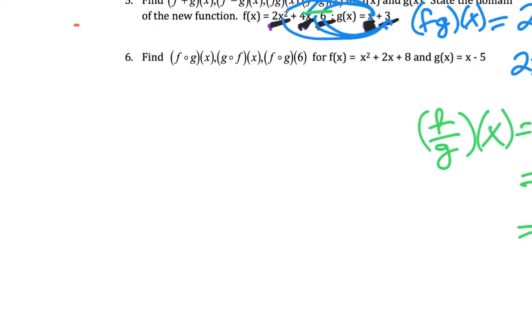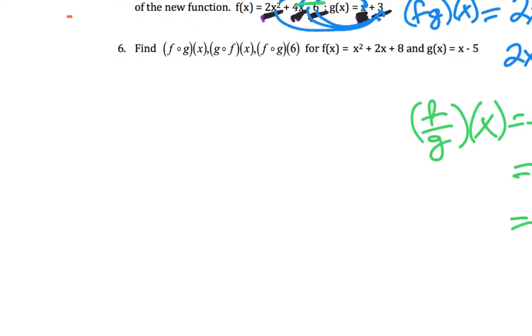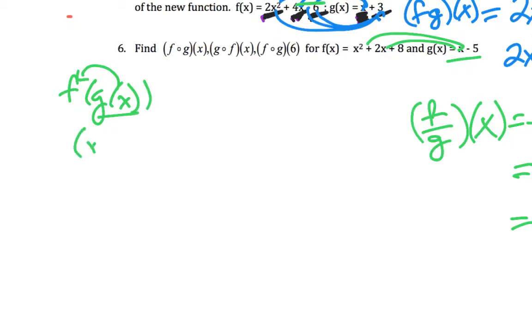All right, number 6. We're going to find f of g of x, g of f of x, and f of g of 6. So here we go. F of g of x, we're going to take that g of x equation and plug it into the f of x. So I'm going to take this and plug it in for each of the x's. Don't forget, it needs to go in for all of them. So this is x minus 5 squared plus 2 times x minus 5 plus 8.